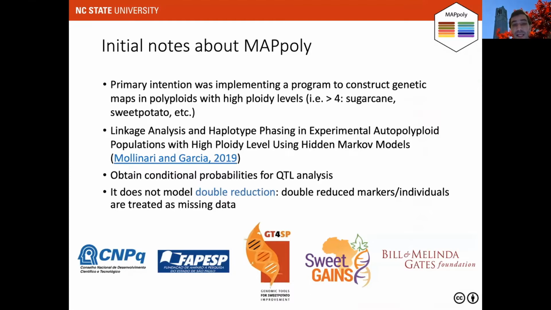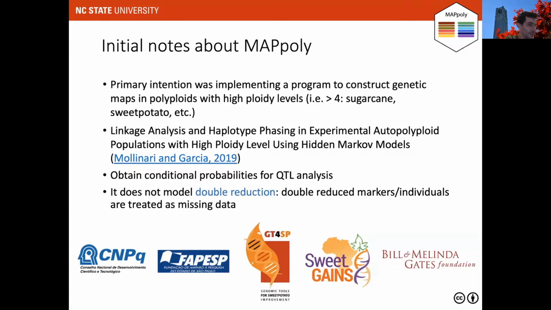After that, I went to North Carolina State, and we started to work with sweet potato, which is a hexaploid. So we always aim for high ploidy levels. But of course, if you manage to figure out how to do it for hexaploids, you manage to do it for tetraploids as well.